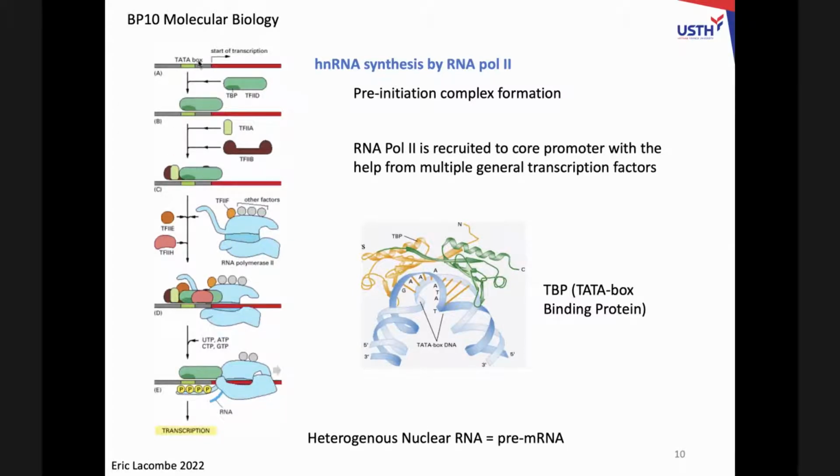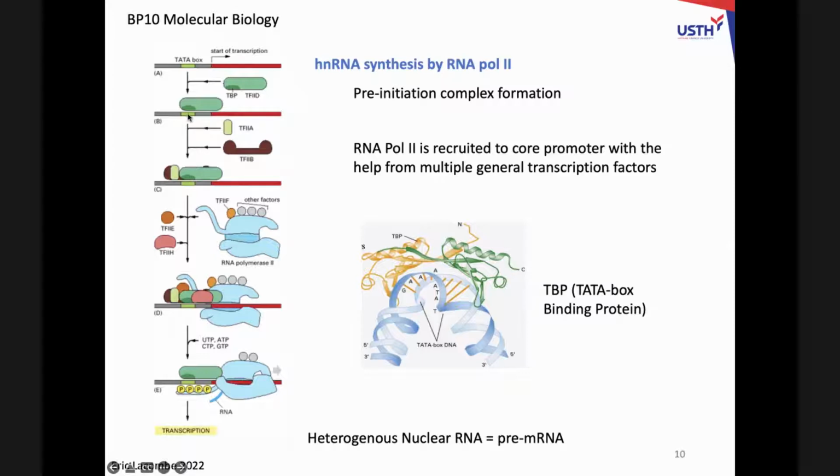So during initiation, this is a very short summary of the core promoter of a Pol2 gene, the TATA box. And as you see, just before, the first event is exactly like Pol3. The first event is not the polymerase binding the promoter. This is a general transcription factor.